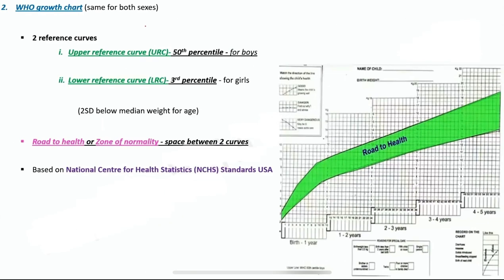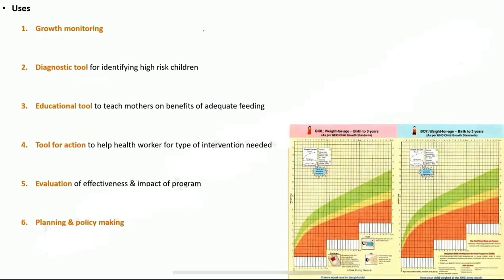Below this curve is the -2 SD. -2 SD is below the median weight for the age. We don't have -3 SD in this card, and it is based on the NCHS standards of USA. So this was about the World Health Organization growth chart.